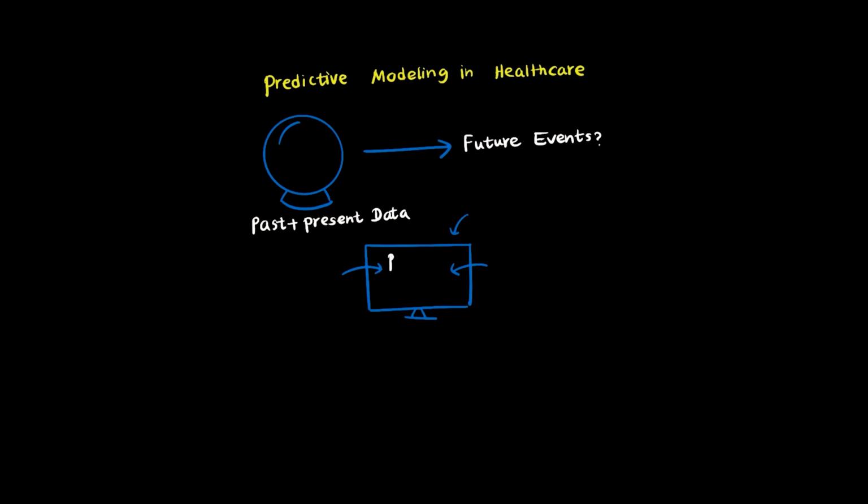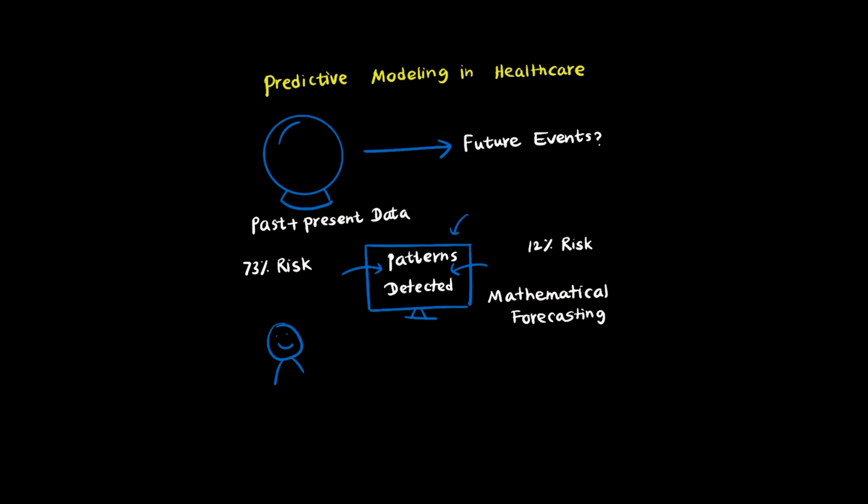Imagine you have thousands of patient records showing who developed sepsis and who didn't. Predictive modelling analyses all the factors: vital sign patterns, lab trends, demographic data, comorbidities, to identify subtle patterns humans might miss. Then it applies these patterns to current patients, calculating the probability each will develop sepsis in the next 24 hours.